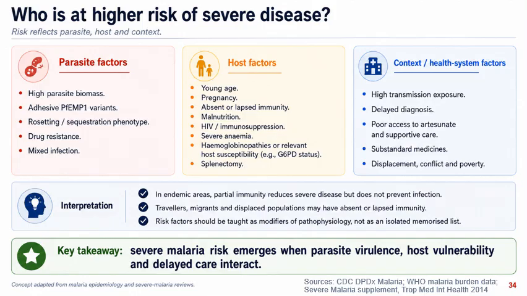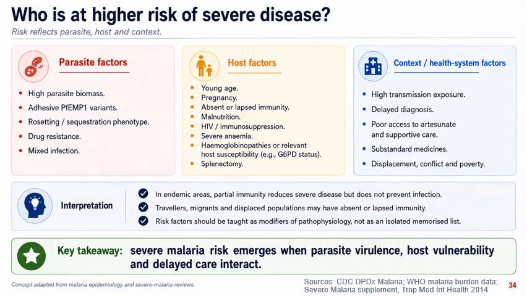Host factors include young age, pregnancy, absent or waning immunity, malnutrition, HIV or other immunosuppression, severe anemia, splenectomy, and relevant red cell traits. Context matters as well: high transmission, delayed diagnosis, poor access to antimalarials or supportive care, substandard medicine, displacement, conflict, and poverty all increase the risk of severe malaria.